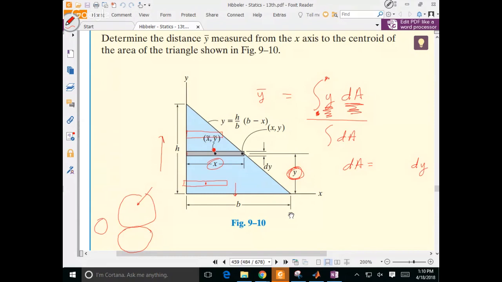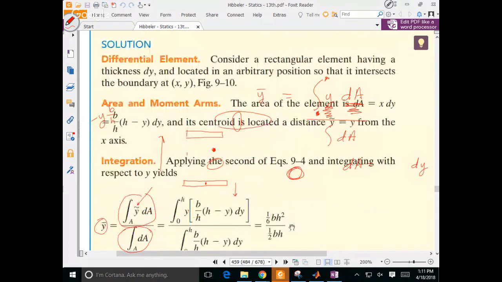Well, in this case, it's 0 to Y, but this is your limiting equation. So if I wanted to reverse this, I could say Y times B divided by H. And then I'd have to put a minus sign in front of it and put a B in front of it. And so if you look down here, this is what you end up with.